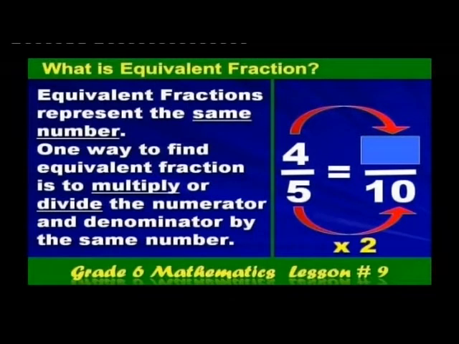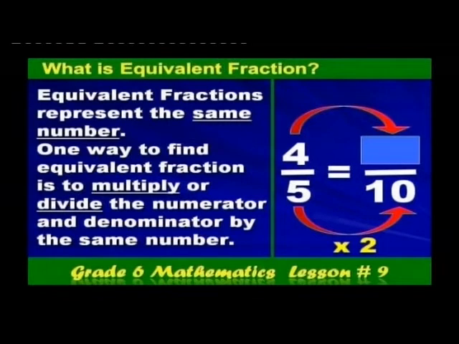Part is given, so we should find the number that we are going to multiply with this number in order to reach this number here. Now, the definition says, to find equivalent fraction, we either multiply or divide the numerator and denominator by the same number. The same number refers to this number here.